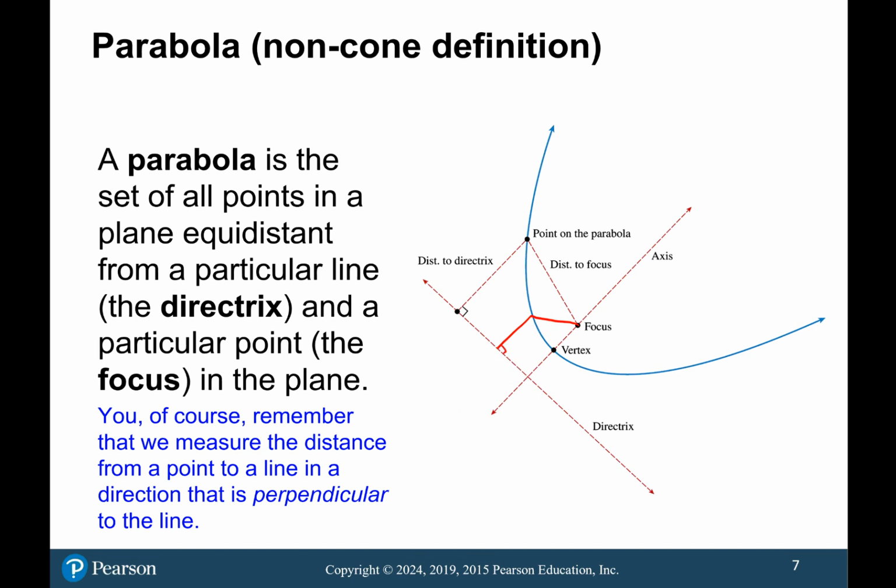And again, we're going to measure that so that it's perpendicular. So over here, this point has to be on the parabola because that distance and this distance are the same. So that's the same. These are the same. These are the same. And once we get enough of these points, it forms a parabola. And again, hopefully you're familiar with that shape already.